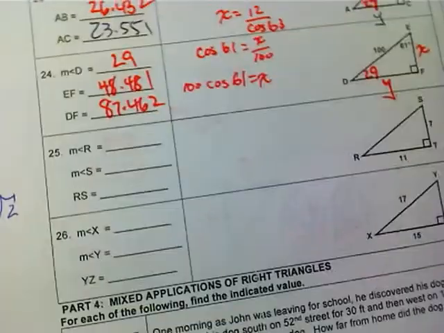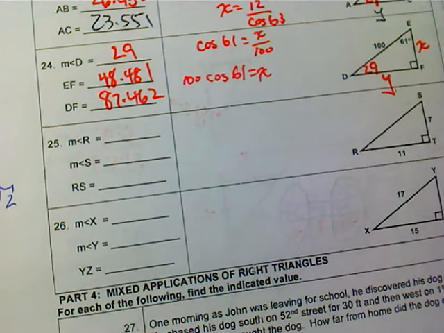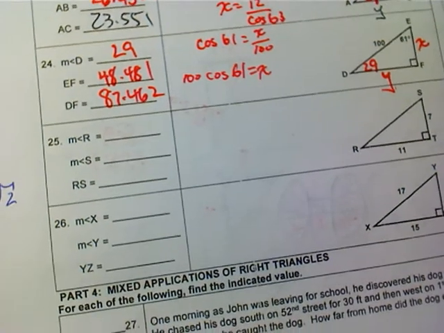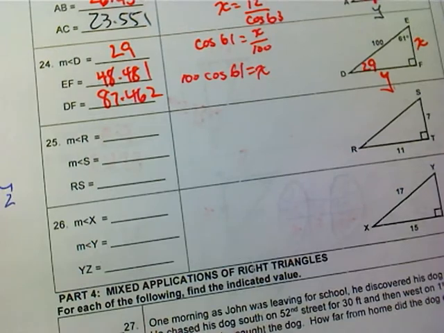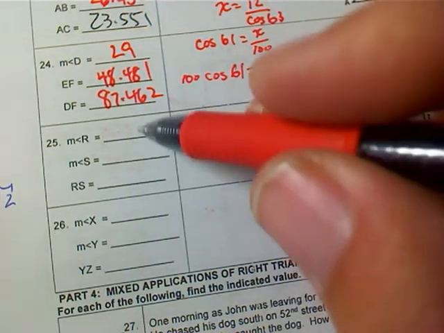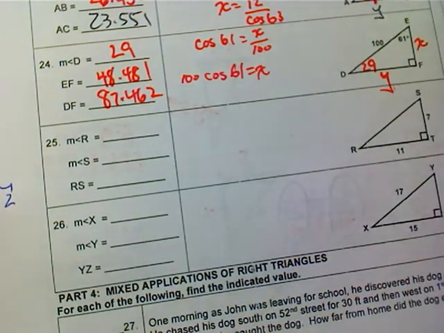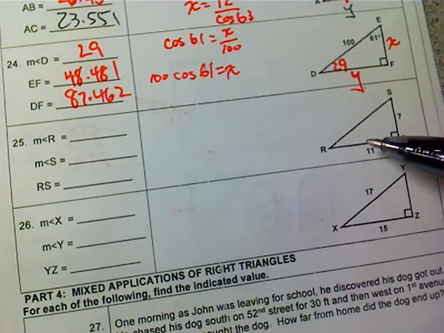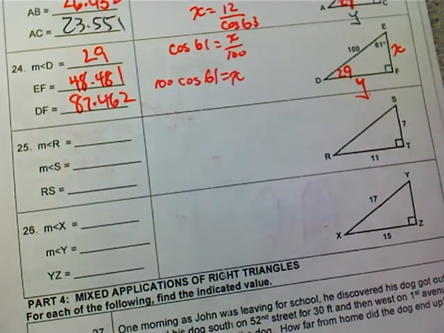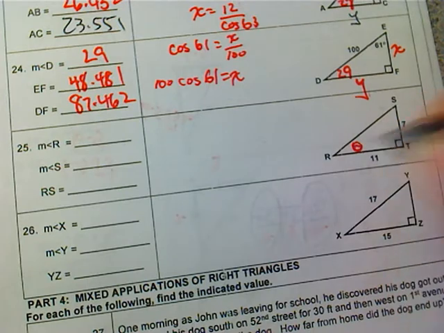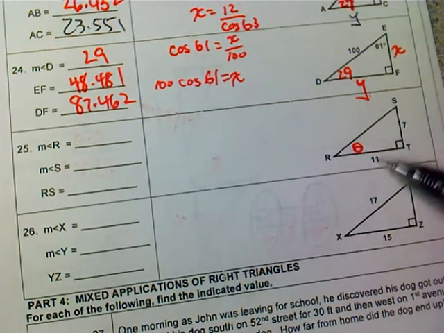All right, I'm going to finish up with these two and leave part 4. There's further word problems for you guys, but here's the last couple. These, we want to find angles. When we want to find angles, we need to use the inverse function. So let's put a little theta in here. So I want to find theta. And relative to this angle, what are 7 and 11? Well, it's a place you get Slurpees.